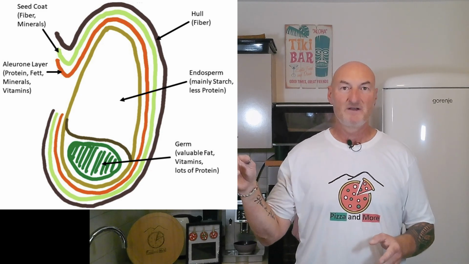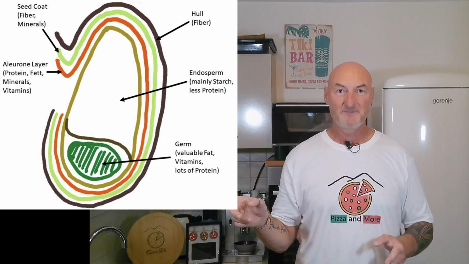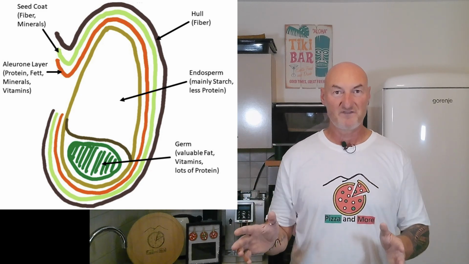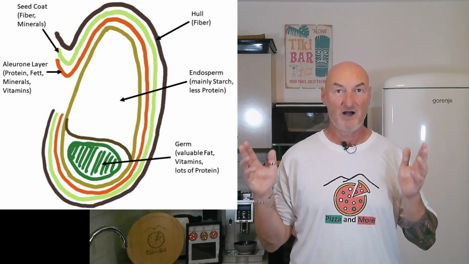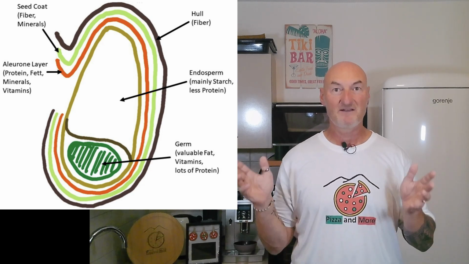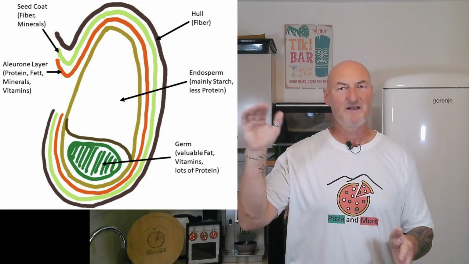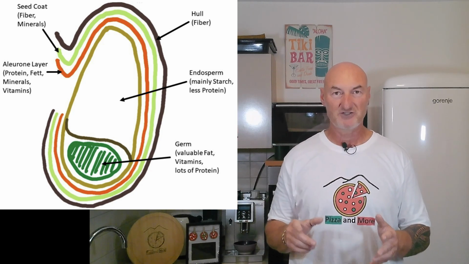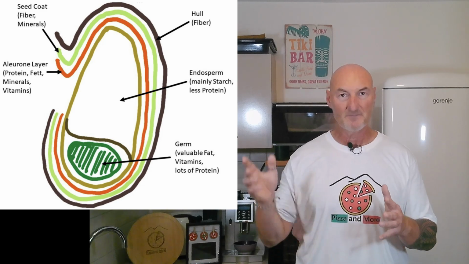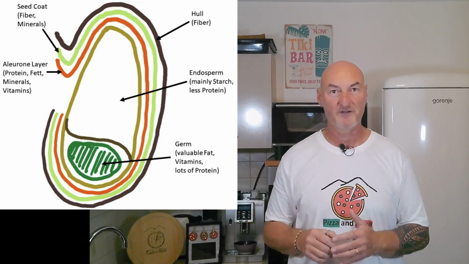And then there is the aleurone layer, where there are lots of vitamins, protein, minerals, and some grease. There are some more layers around such a grain, but these are among the most important.